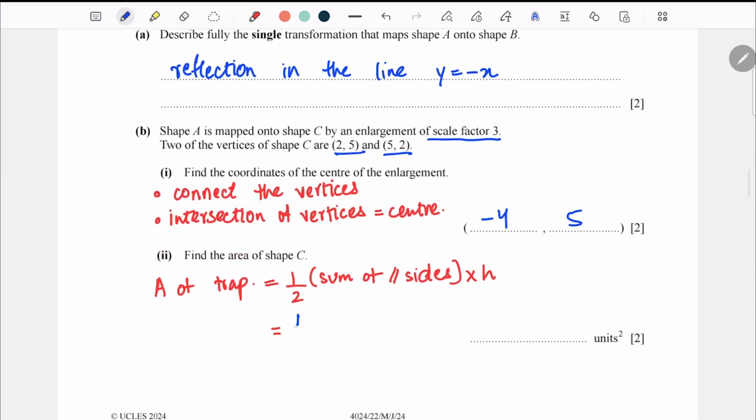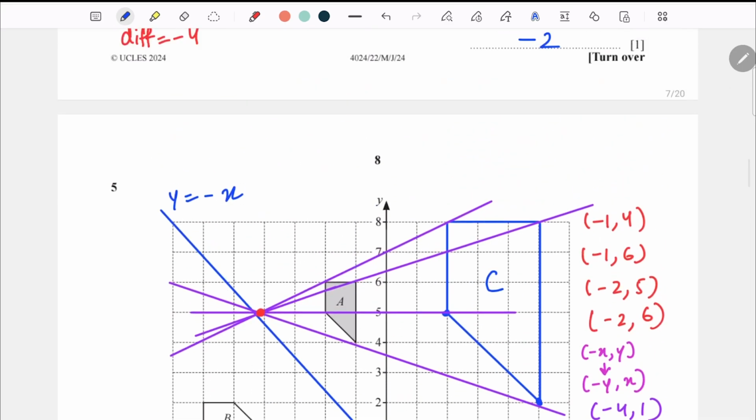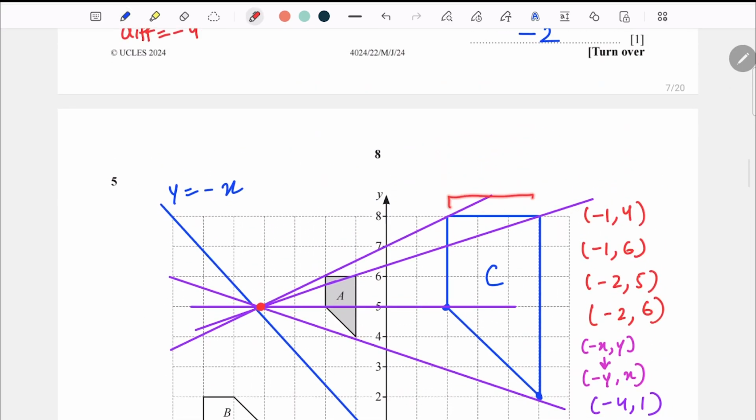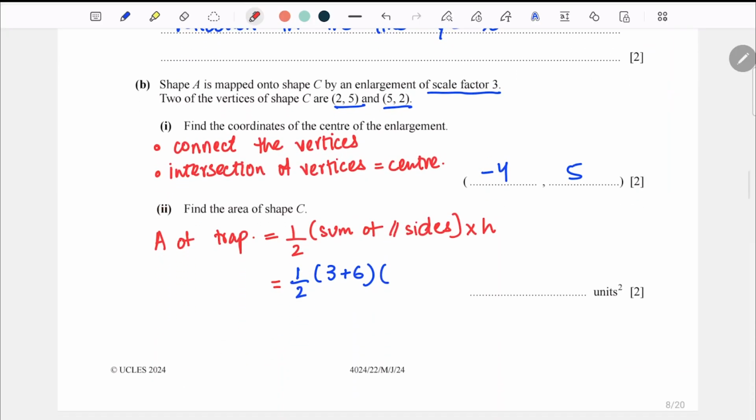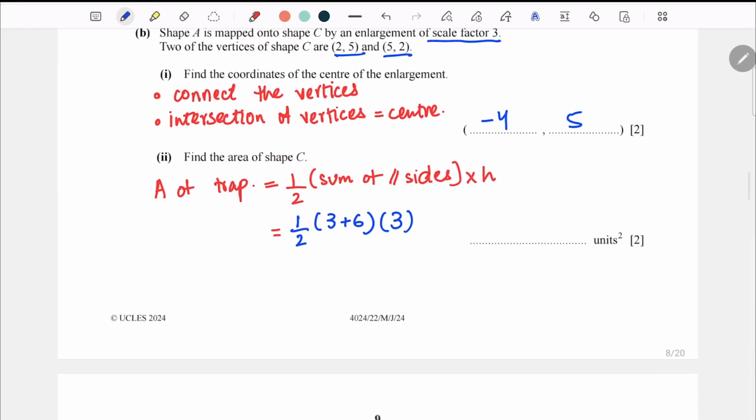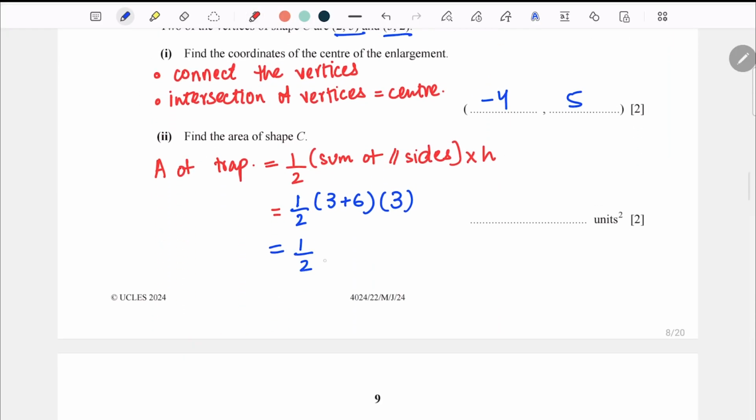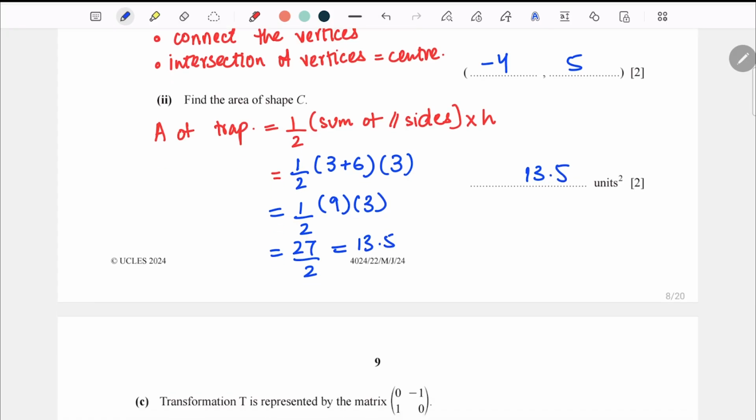So I'll write 1/2, 3 plus 6, and the height is basically this, and it is 3 blocks. When I simplify it, it will be 1/2, 9 into 3, and this is 27/2, that is also equal to 13.5. So that is the area of shape C, which is a trapezium.